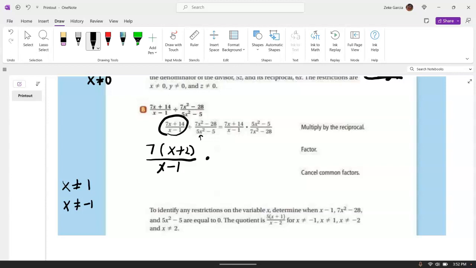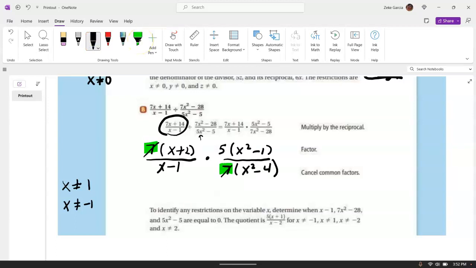the reciprocal. So you have the greatest common factor is 5, so you have x squared minus 1. You know the greatest common factor is 7, so you have x squared minus 4. So now you notice that you have a 7 here, and you have a 7 here, so that becomes 1.